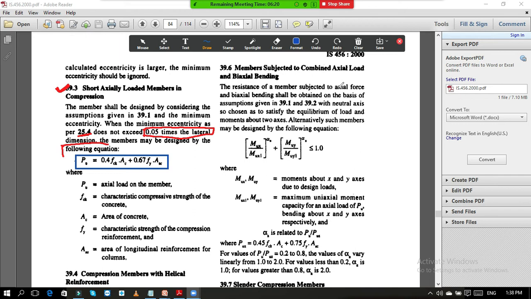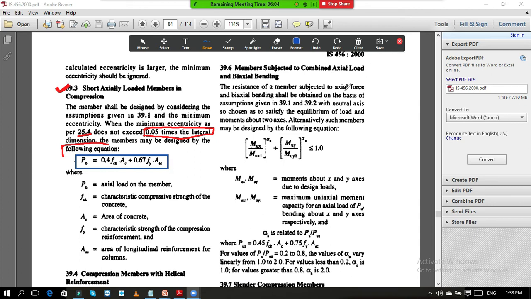For your syllabus only short columns are there, long columns are not there. And short columns, that too with axial loading only, eccentric columns are also not there, and then you have to design the circular columns for helical reinforcement.